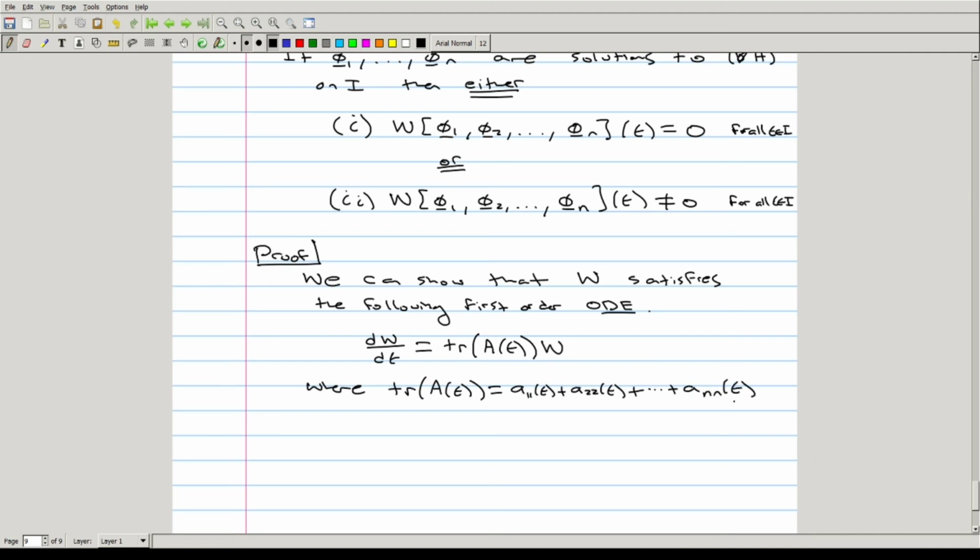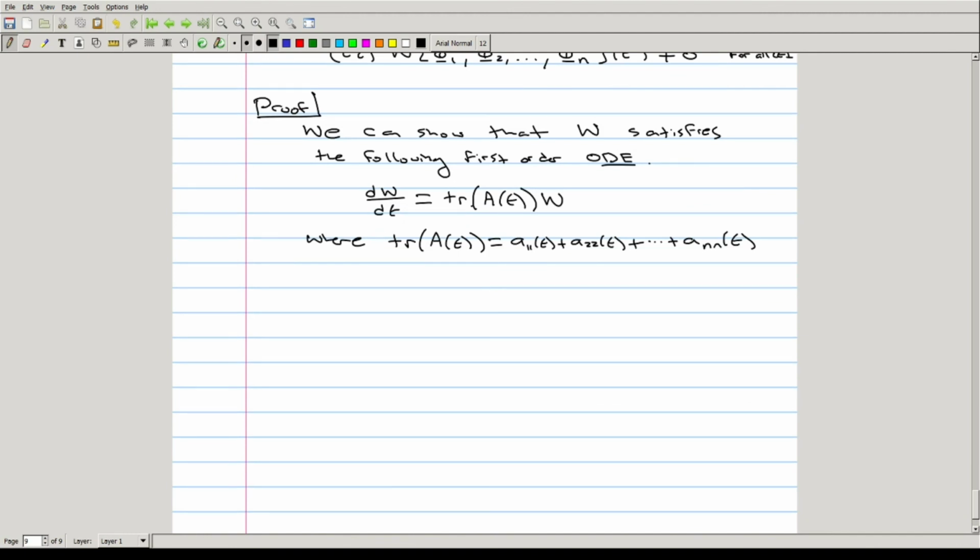And this just relies on the fact that the Wronskian is a determinant, and using what happens to this determinant when you take the derivative of it using the various derivative rules, you can directly show that it satisfies this differential equation. This is done out in the book for the case of 2x2 matrices, but it can be shown in general.